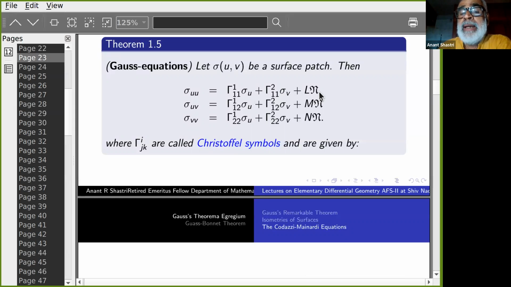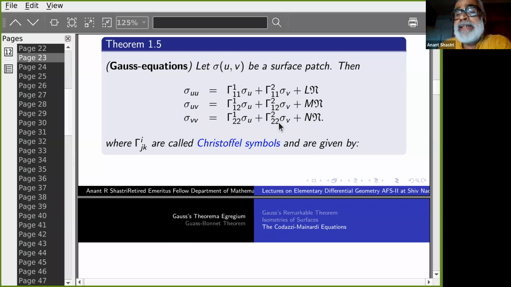Dot product with n will just give you L. Dot product with sigma v, of course, the L, M, etc. will disappear. Only these two will remain because sigma v dot sigma u is not 0. So what is it? It is F. So there are E, F, G coming in here.